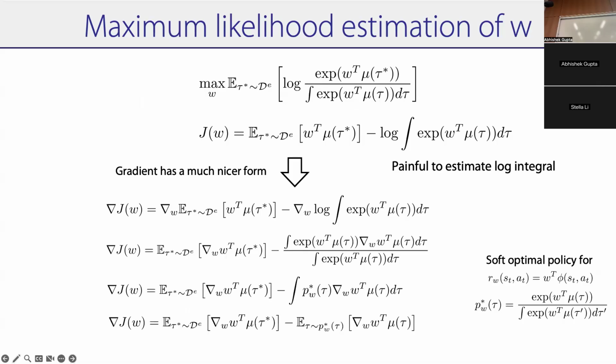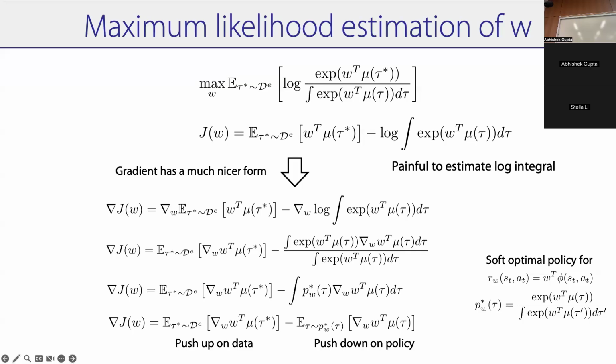It just says, you're going to have two terms in your gradient. The first term is a push up term, and the second term is a push down term. Okay? So you can think of the first term as saying, let's push up on things in the data. Right? So let's say we want to move W in the direction that increases the features in the data.